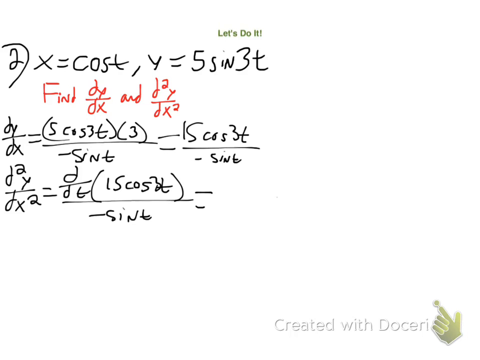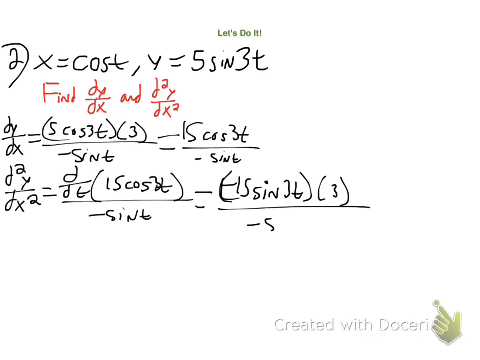The derivative of 15 cosine 3t is going to be negative 15 sine of 3t, with the inside derivative of 3, over negative sine of t, okay? And then we multiply that: negative 45 sine of 3t over negative sine of t.